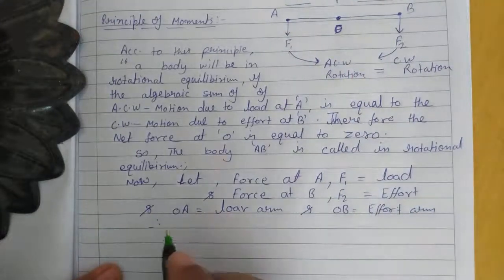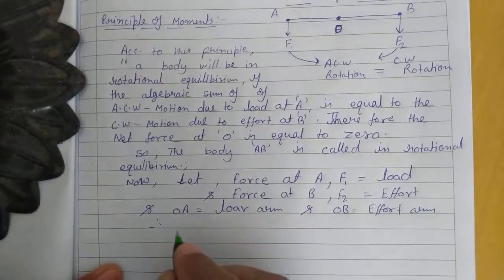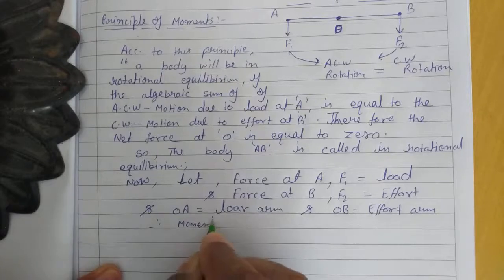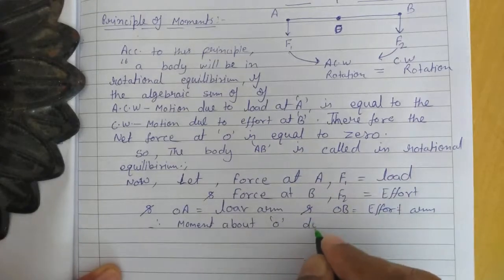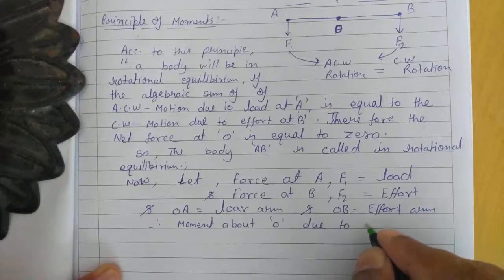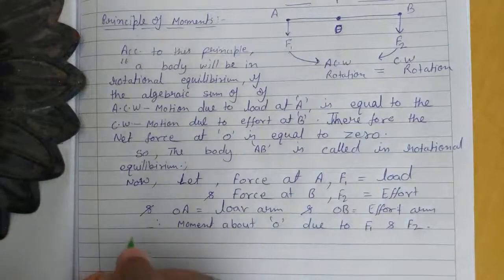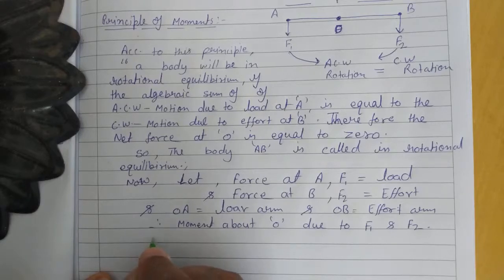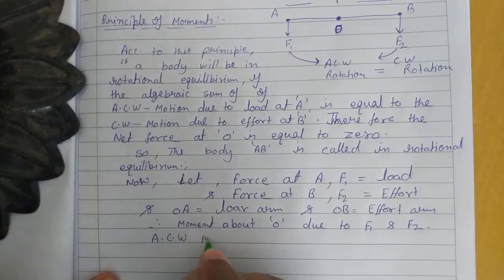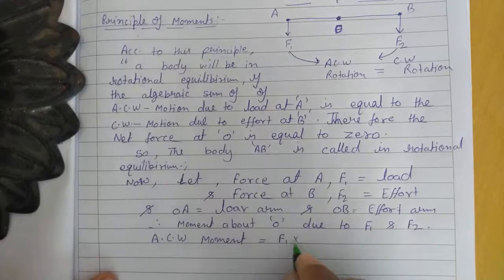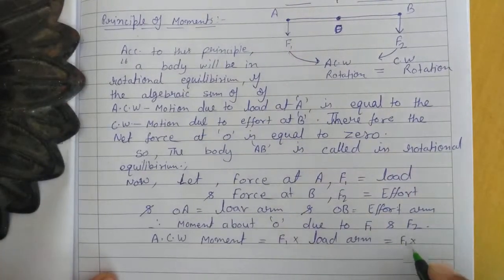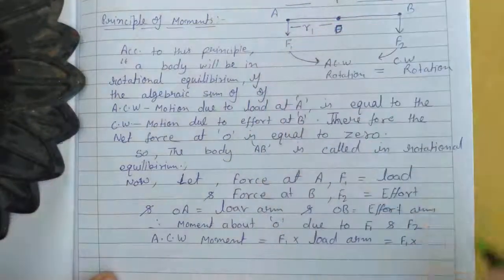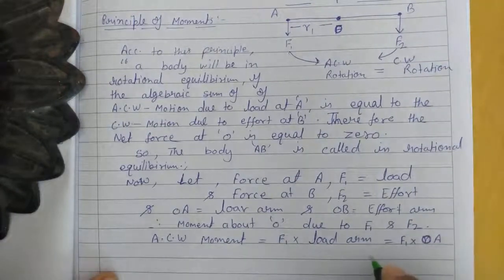Therefore, moment about O due to F1 and F2: the anti-clockwise moment is equal to F1 into load arm, that is F1 into OA, let's say this is R1, so F1 into R1.